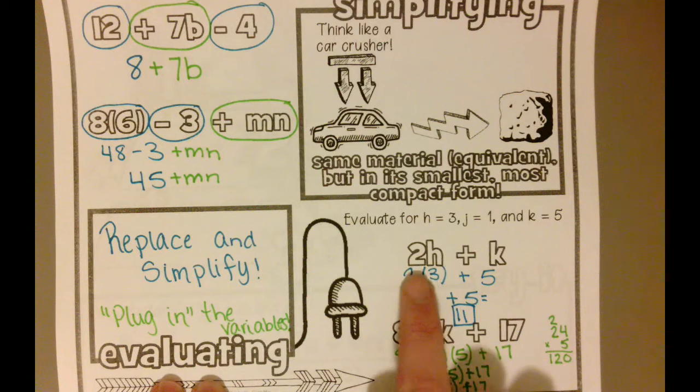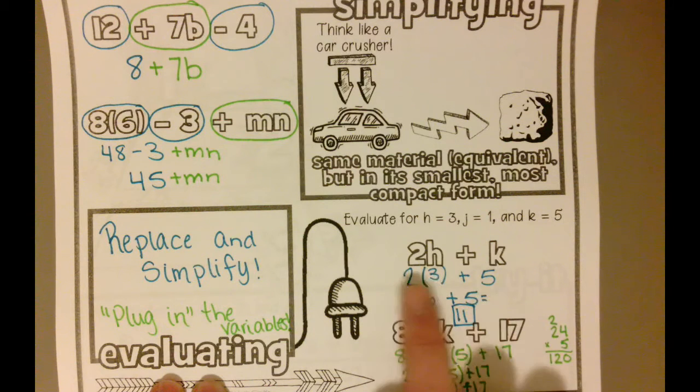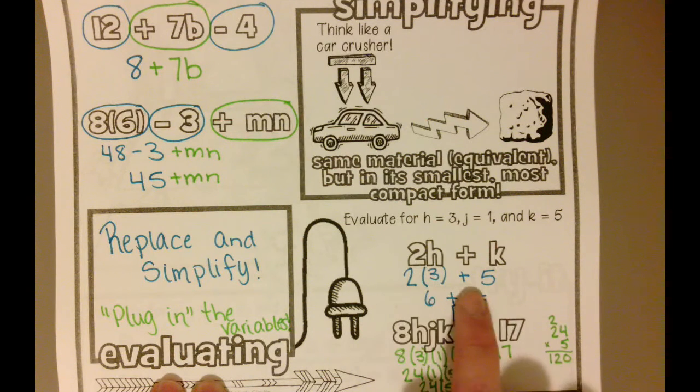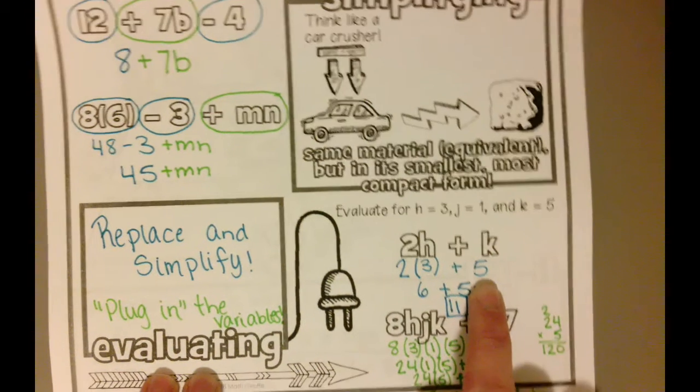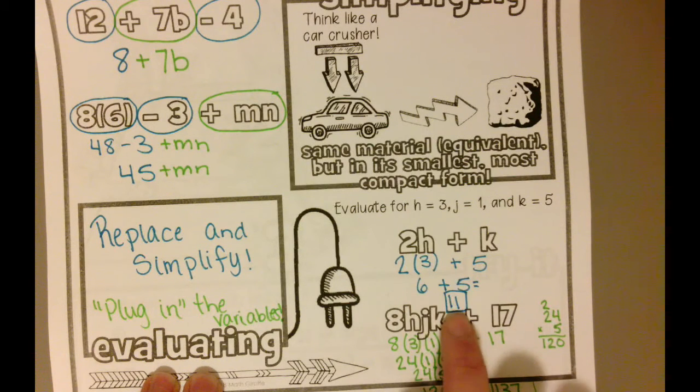Okay, so I'm going to plug in my 3 for my h here. So I'm going to have 2 times 3, and then I'm going to add my k, which is 5. So I have 2 times 3 plus 5. Then I'm just going to follow the order of operations to solve. So I have to multiply first, and I get 6, and then I add my 5, and my final answer is 11.